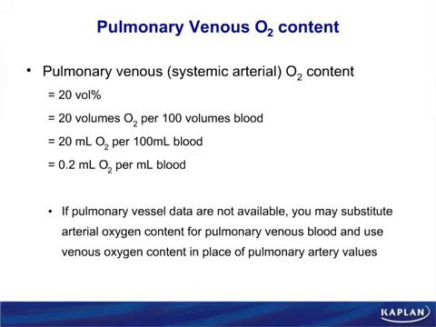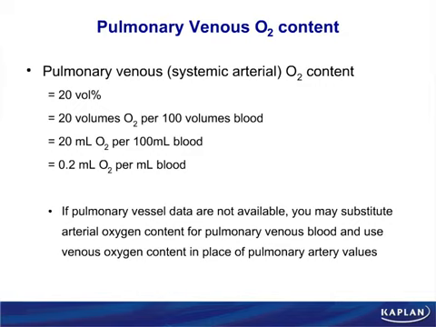We will likely have to do that if we want to do a cardiac output calculation on step 1, which we will go through on the next slide. If you don't have data from pulmonary veins, which you typically will not, you'll just typically use an arterial O2 content, so from an ABG.